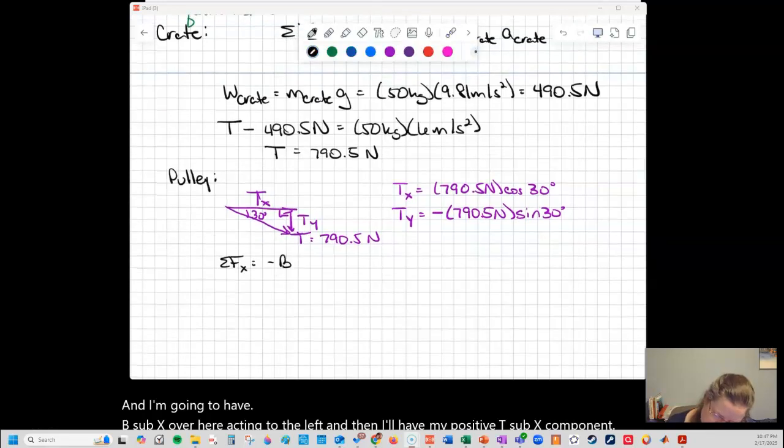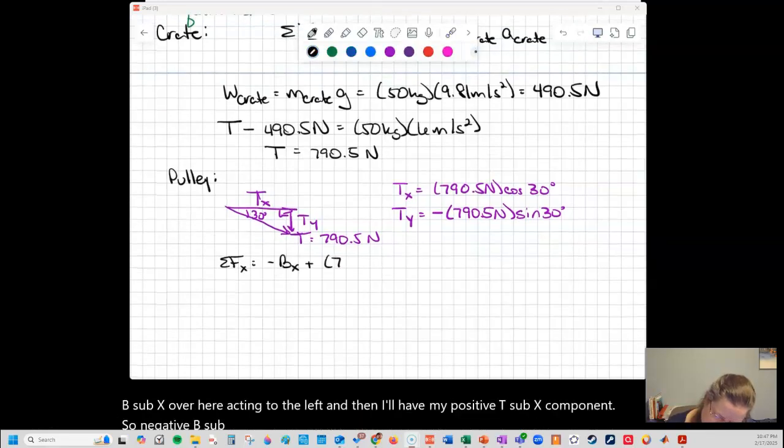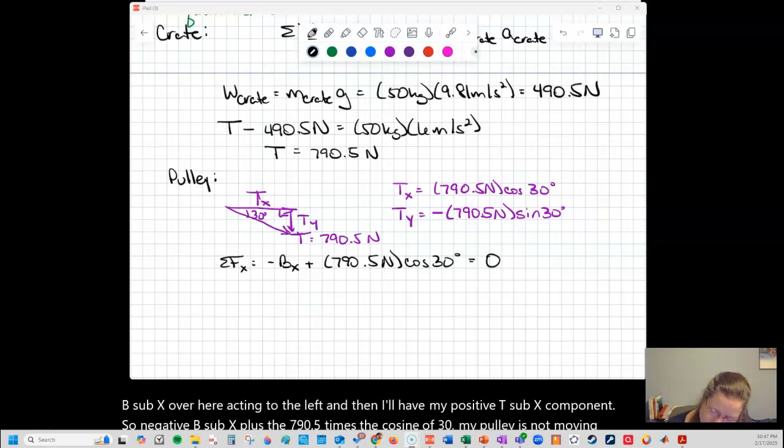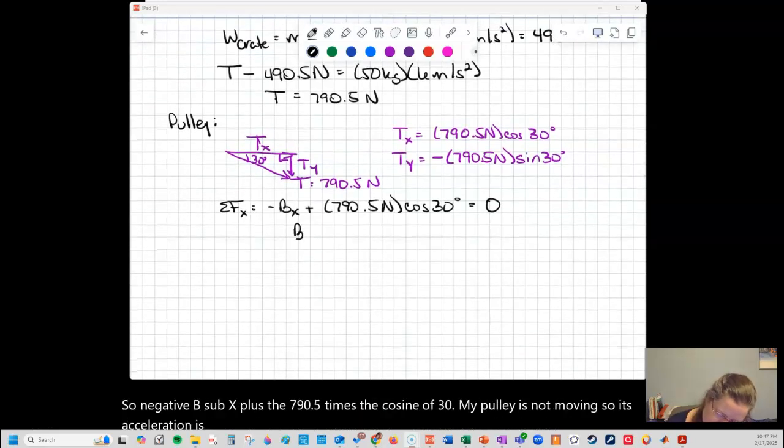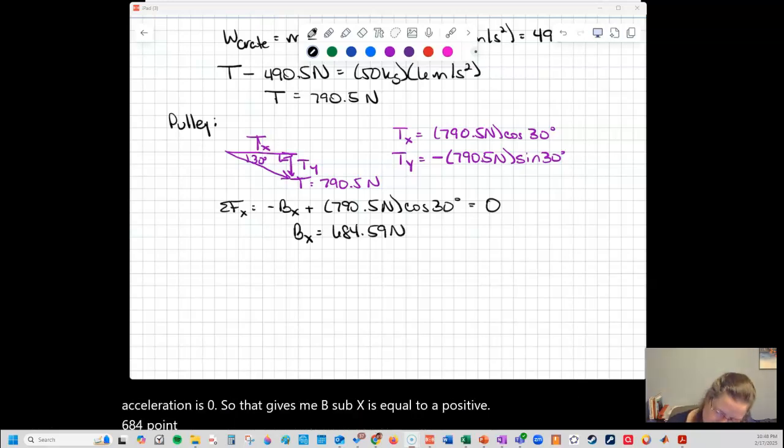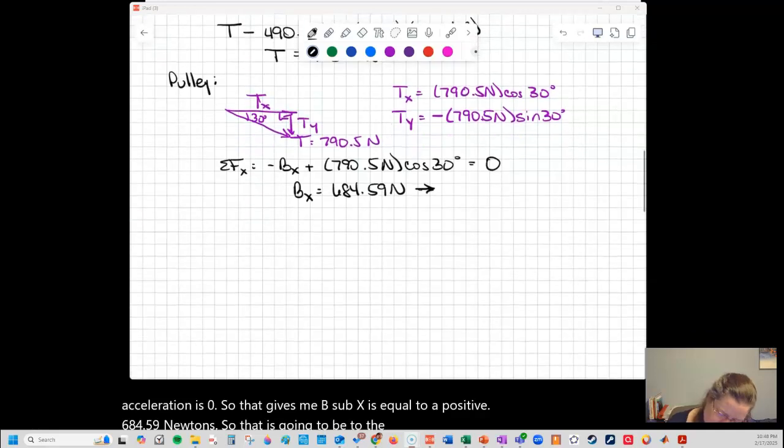So negative B sub X plus the 790.5 times the cosine of 30. My pulley is not moving, so its acceleration is 0. So that gives me B sub X is equal to a positive 684.59 newtons. So that is going to be to the right. Sum forces in the y.